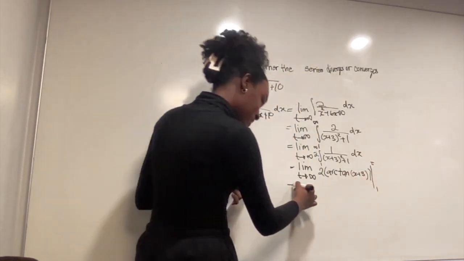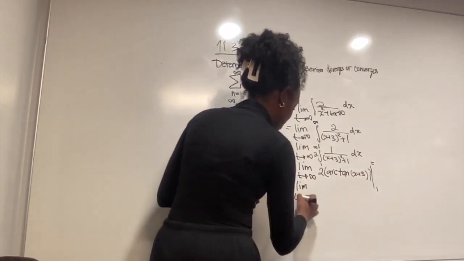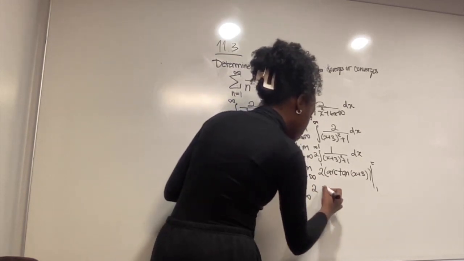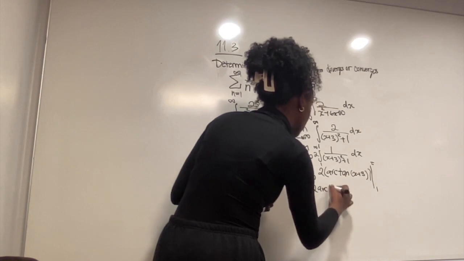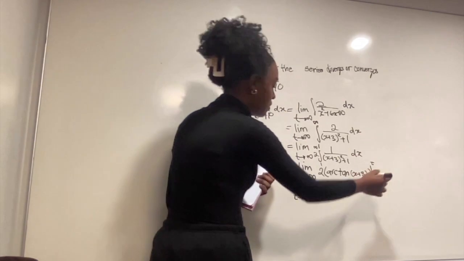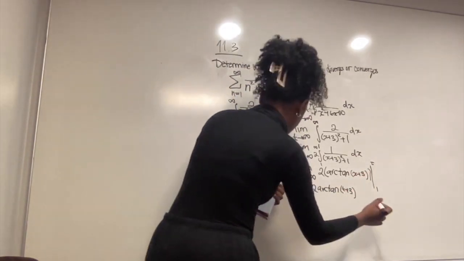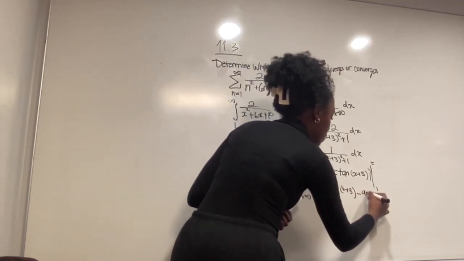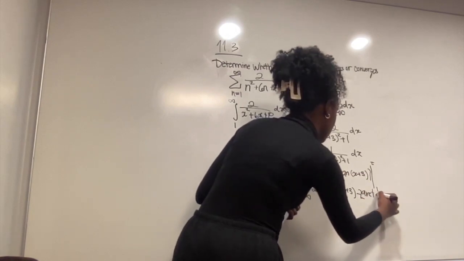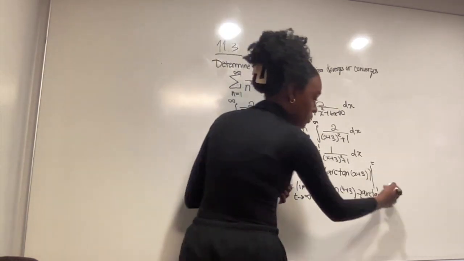And so this now becomes the limit as t goes to infinity of 2 arctan of, we're going to bring in our t and substitute it into the integral, and so it is t plus 3, and then it's going to be minus 2 arctan of, we bring in our 1, and it's 1 plus 3 becomes 4.